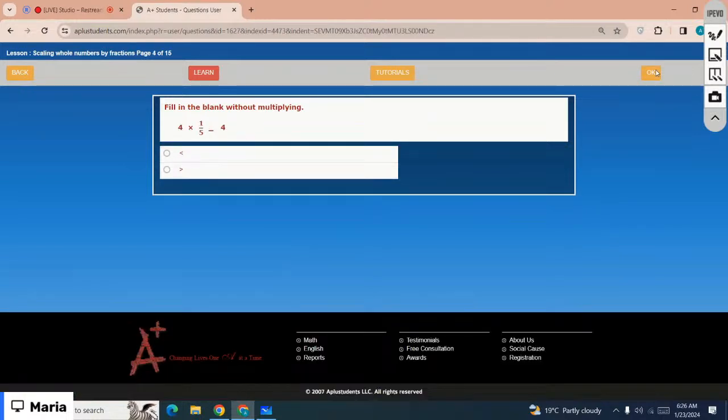Okay, the next one is fill in the blank without multiplying. 4 times 1/5, you have to compare it to 4. So which is the correct option?